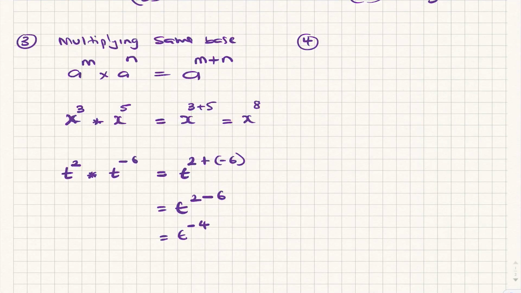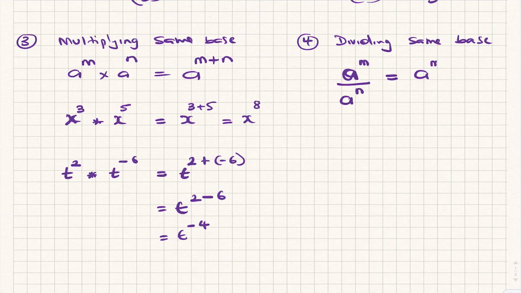Rule number 4. Dividing the same base. So if you have a to the power of m divided by a to the power of n, it will become a to the power of m minus n.